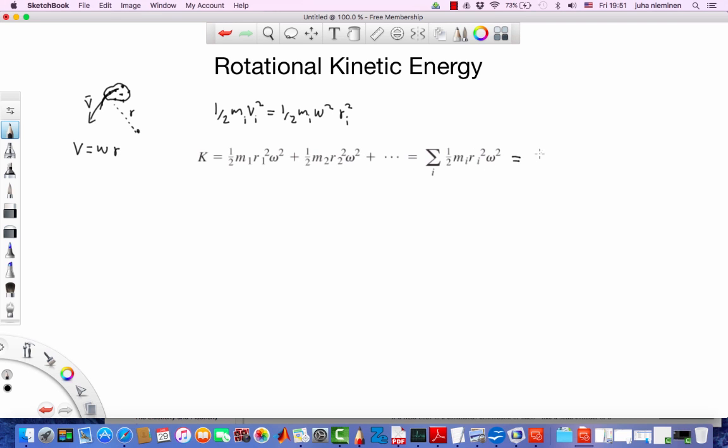So let's take the half first, and then the sum over the product of mass and the distance squared of each individual particle, like this. And we call this term, the sum of m times r squared over all particles, the moment of inertia.